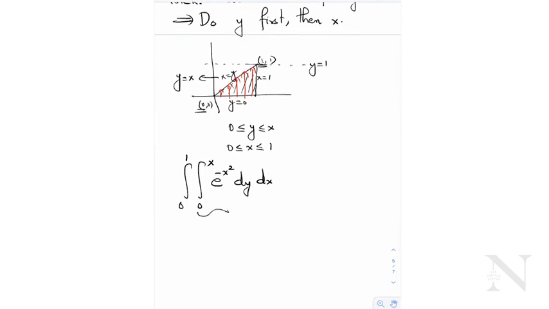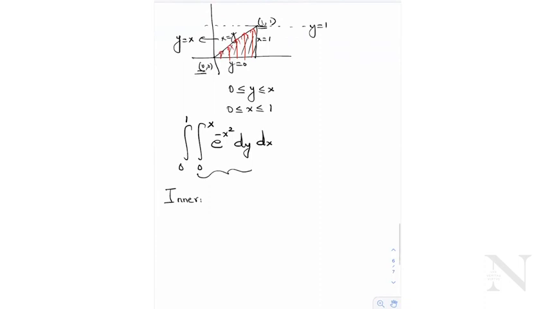Now let's do the inner one first. Maybe we did something that will circumvent your difficulty with this impossible integral. So you're doing 0 to x, e to the power of negative x square dy. Remember that with respect to y, this is a constant, so for the time being we can keep that outside.